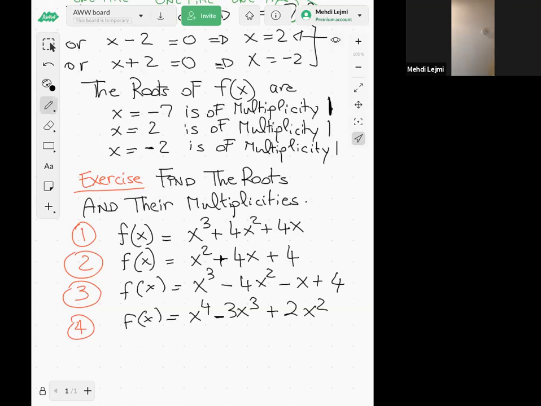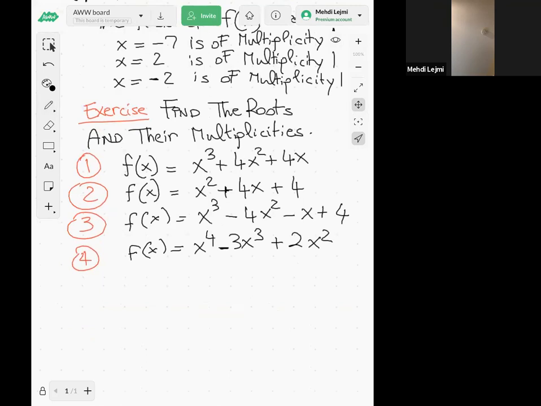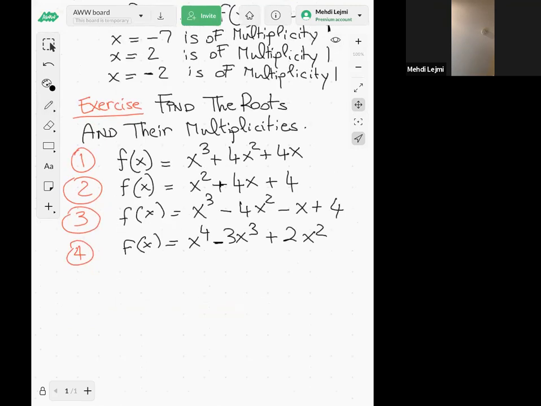So please guys, find the roots and their multiplicities, okay? Remember, to find the roots, you have to solve f of x equal to 0. So step 1 is always to solve f of x equal to 0.